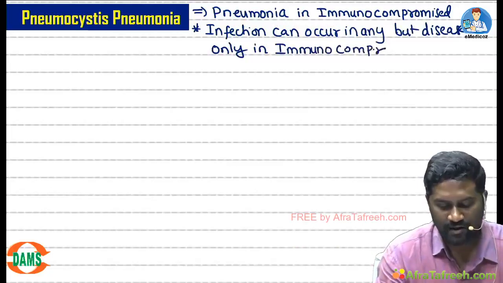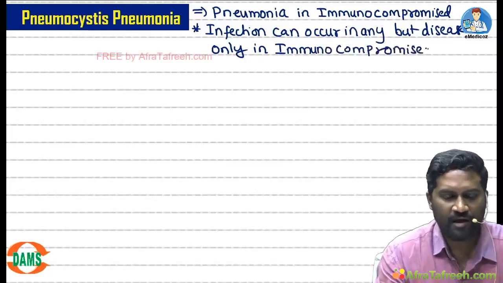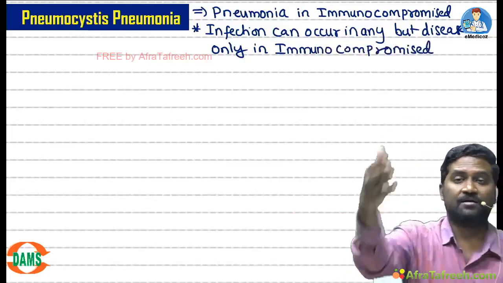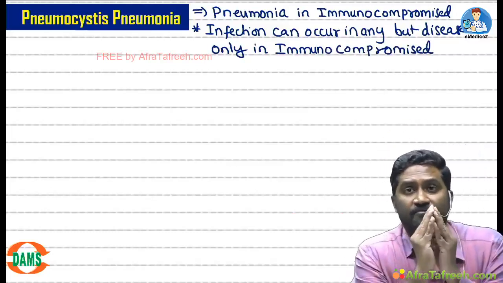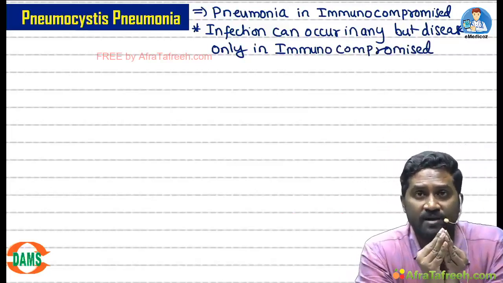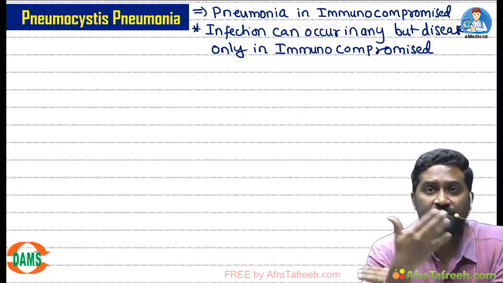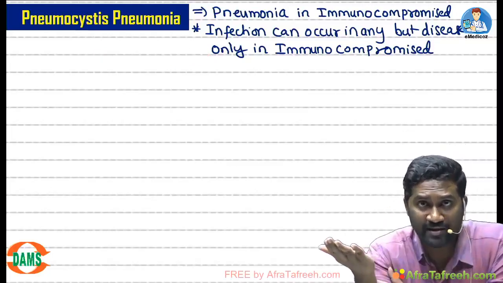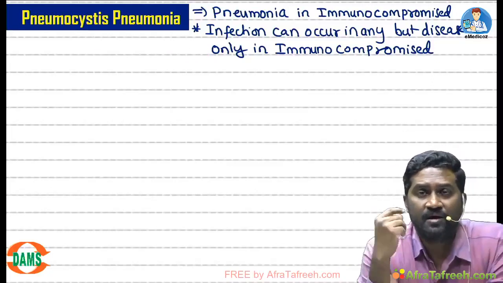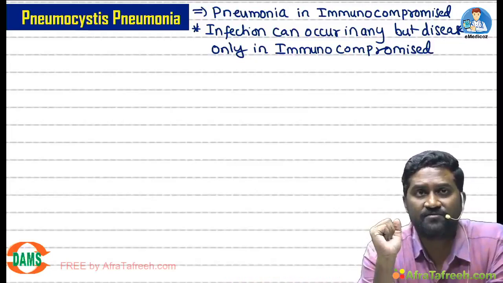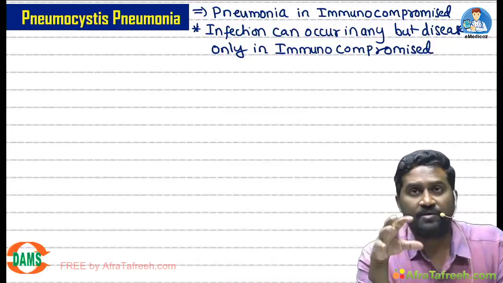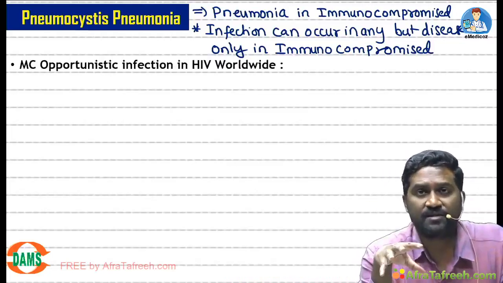It means anybody can inhale pneumocystis and can get infected with pneumocystis, but for the patient to develop active disease, he should have an underlying immunocompromise. And what is the most common immunocompromise responsible? HIV. Now let us see a few associations with HIV.